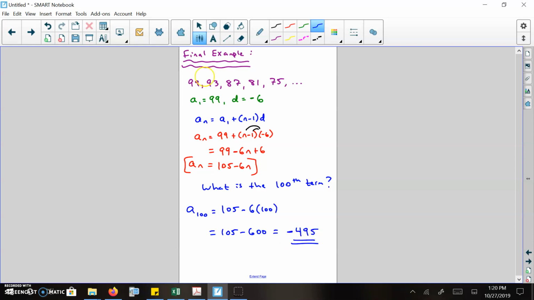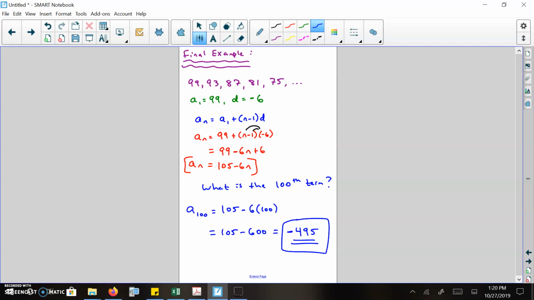So if I started at 99 and I continued to subtract 6 until I got to the 100th term, that 100th term would be negative 495, which makes sense that this is negative because in this case we are subtracting values, we're not adding values, which means the further and further we go, the more and more negative our numbers are going to get.